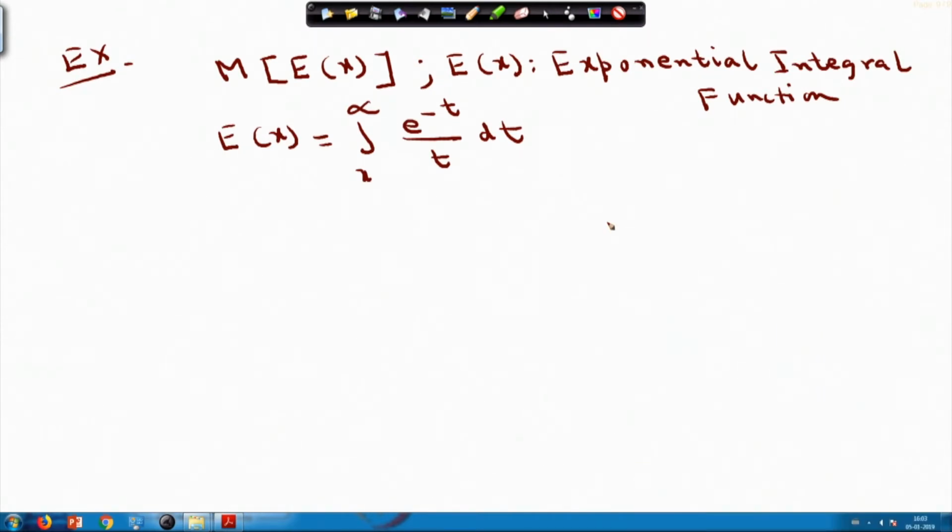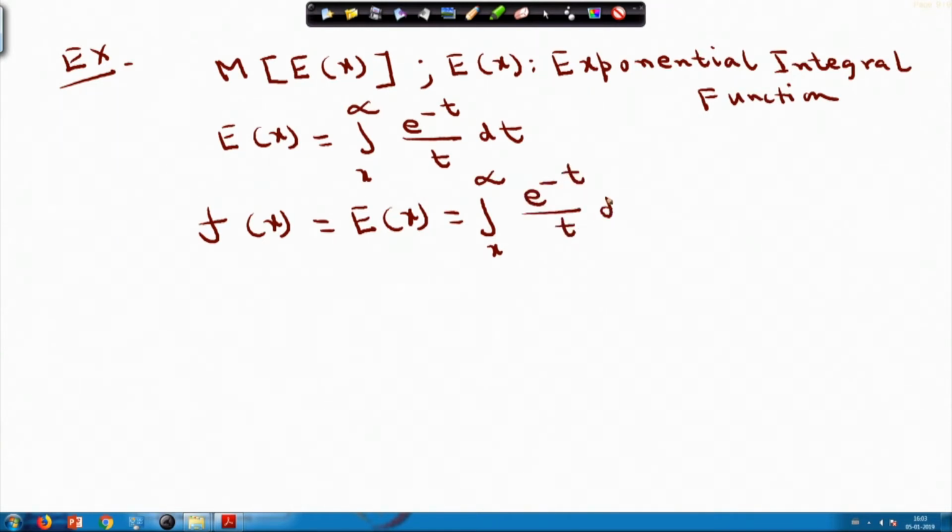To find the Mellin transform of this function, I start with f of x equals the exponential integral function, which is the integral from x to infinity of e to the power minus t by t dt.